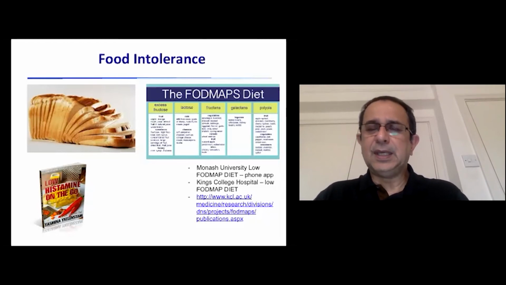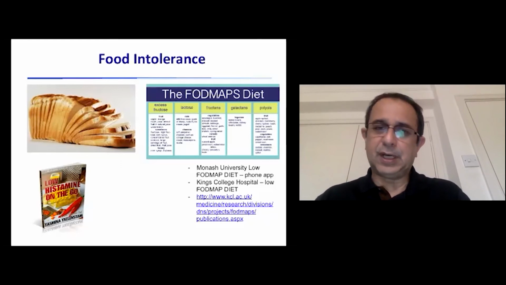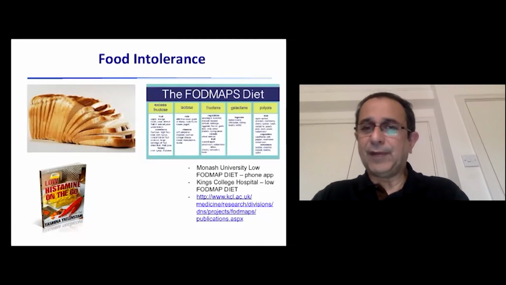The histamine diet itself is a very strict diet, and it can produce nutritional deficiencies. And all of these diets are not meant to be forever. They're meant to be for a period of time, 4 to 6 weeks, and then you should go through a reintroduction phase to see what your key triggers are, so that you're not avoiding foods that you don't have any problem with.